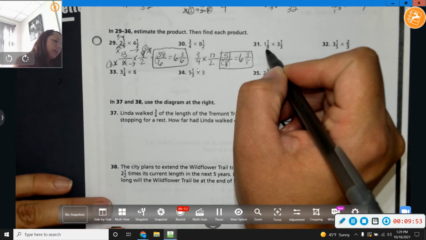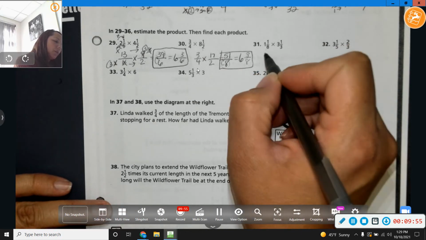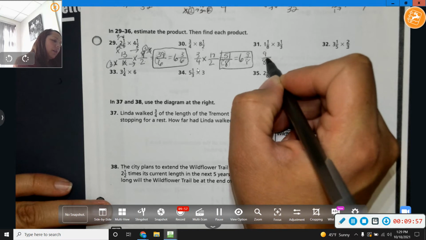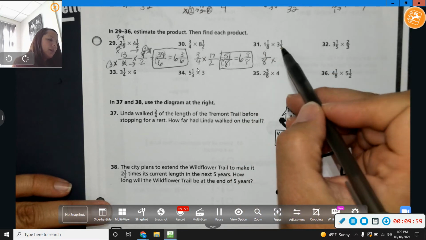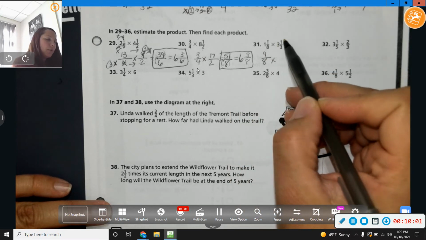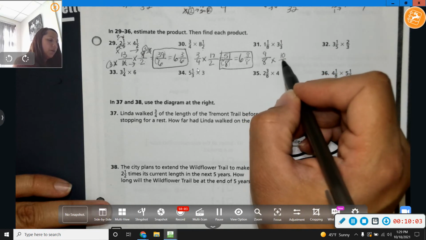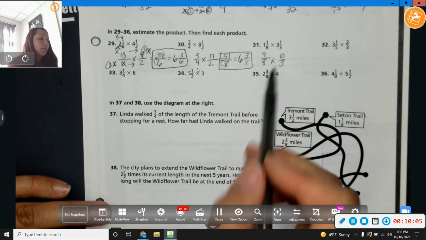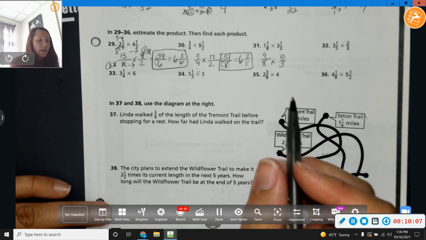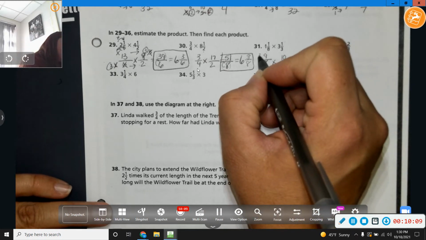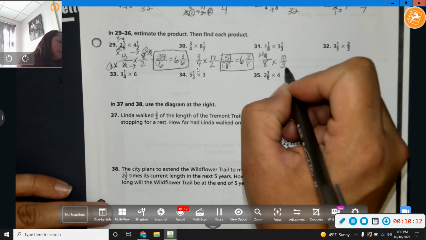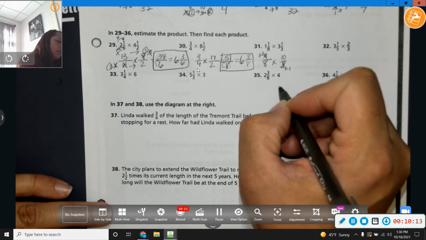So I'm going to wheel this. 8 times 1 is 8, plus 1 is 9, over 3 times 3 is 9, plus 1 is 10, over 3. I can reduce both of these. Okay? I know 3 times 3 is 9. 3 times 1 is 3.